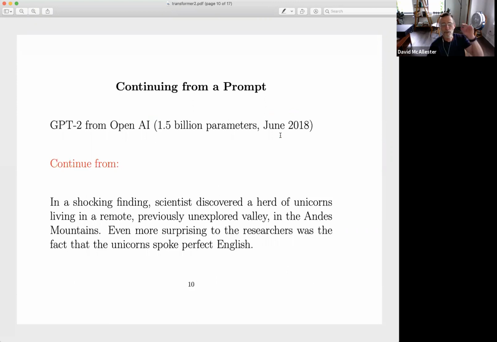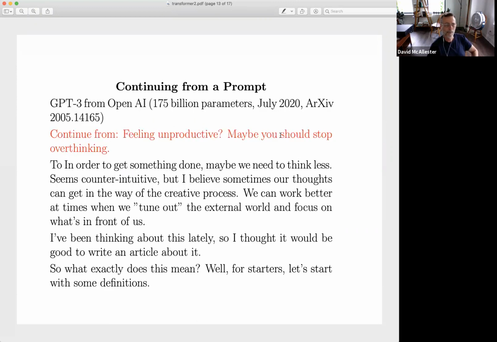So this was 1.5 billion parameters, and this is 175 billion parameters, so it's like 2 orders of magnitude larger. There was an undergraduate at Berkeley, I believe, who got access indirectly to this model and played the same game. He gave it a prompt and the model continued.